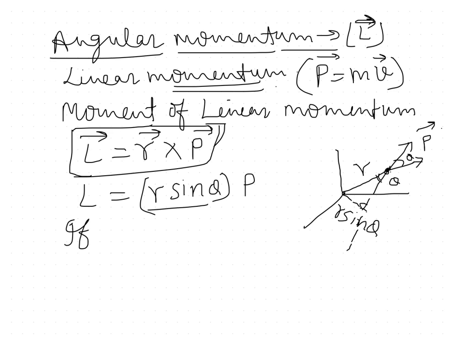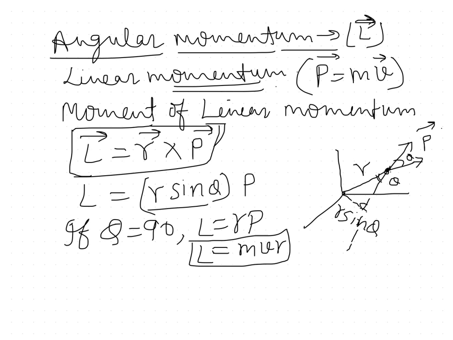If theta is equal to 90, then angular momentum will be maximum and equal to rp, that is, we can write it as mvr. So that is the formula of maximum angular momentum. The direction of this angular momentum is also perpendicular to the plane formed by the r and p vectors.